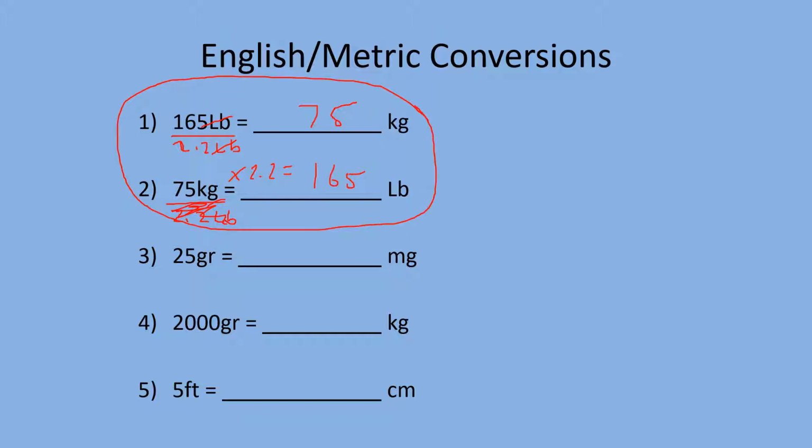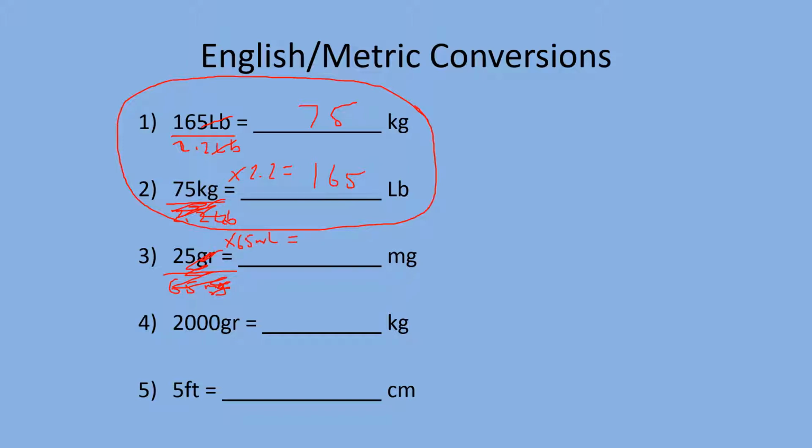Grain. What's the conversion factor? 1 grain is 65 milligrams. Are you going to multiply or divide by 65? Let's see what happens when we divide by 65 milligrams. Oh, I lied. Do the grains and milligrams cancel out? No, so you've got to multiply by 65.